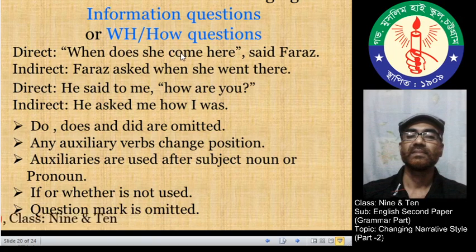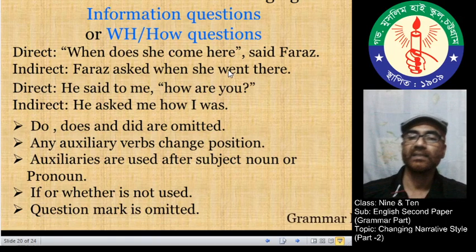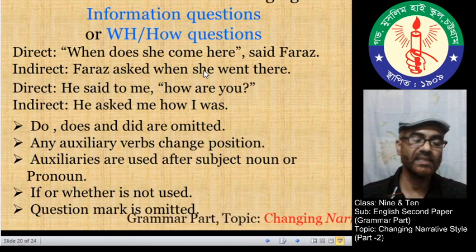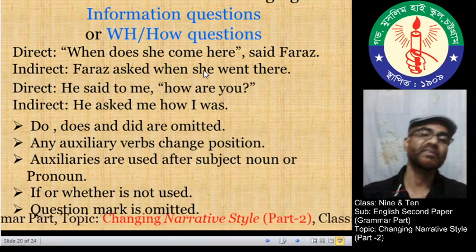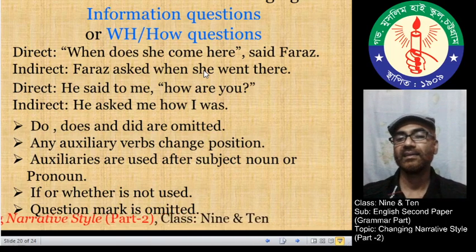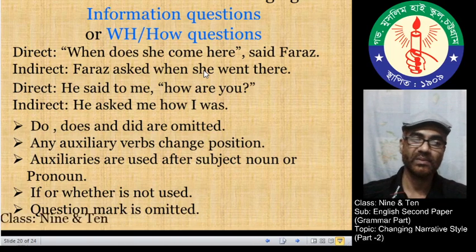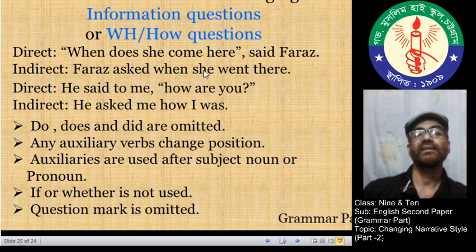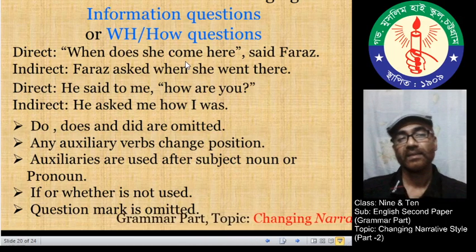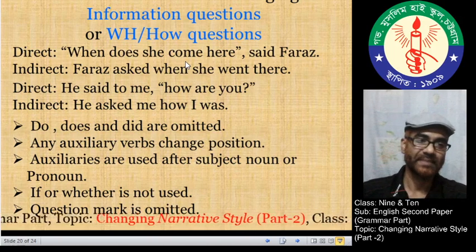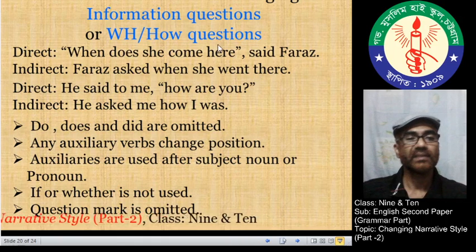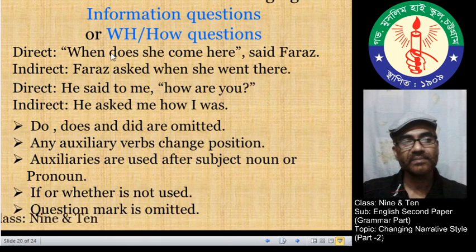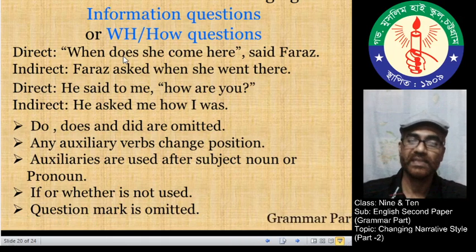Come here could be came, but as this one is narrated by a different person, that's why come becomes went, and here is changed to there. So does is omitted.